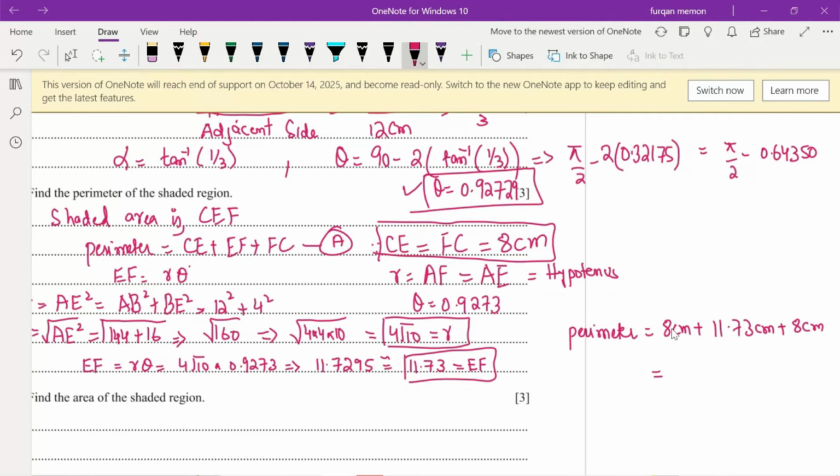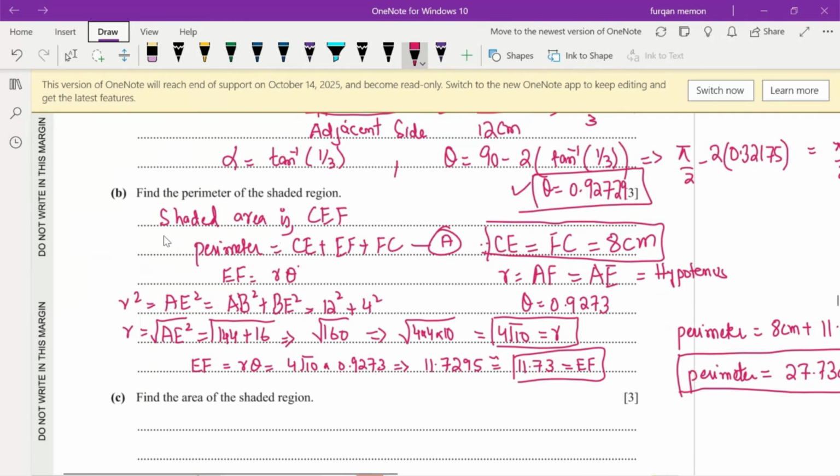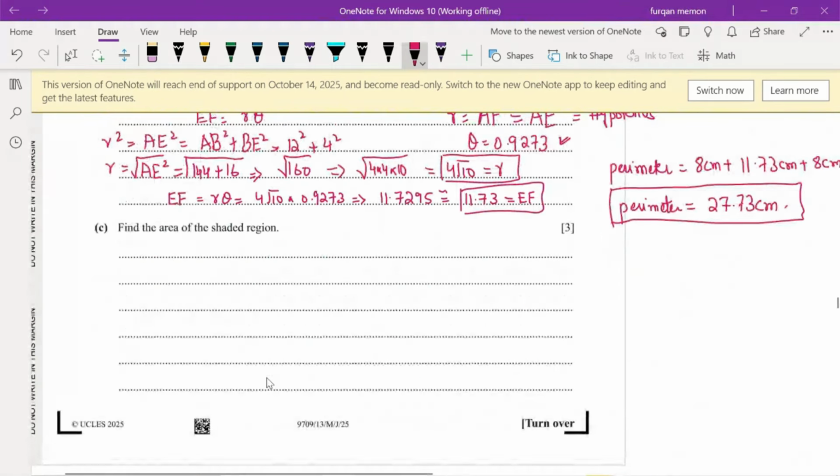So this will be equal to 27.73 centimeter. So we can say that perimeter is 27.73 centimeter.